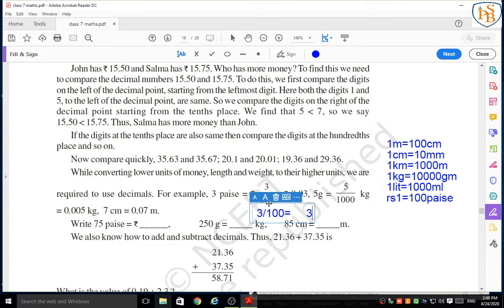Correct. That means after 2 digits we have to put the decimal point. So 3 is the first digit, and there is no second digit, so instead I will put a 0. Now 2 digits are there, and in the question there are also 2 zeros in the denominator. So I will put the decimal point here, and to complete the number I will write 0 again. So 3 upon 100 means 0.03.